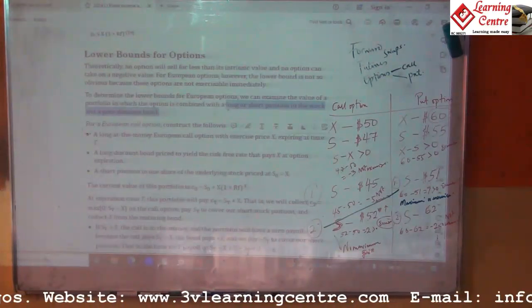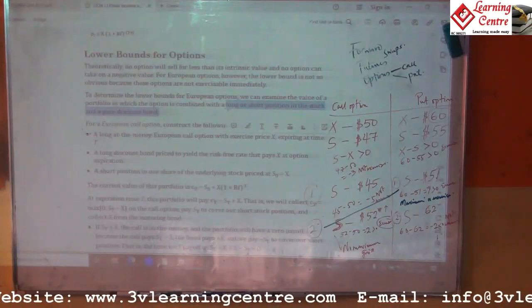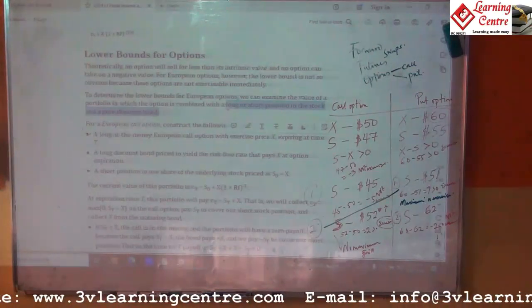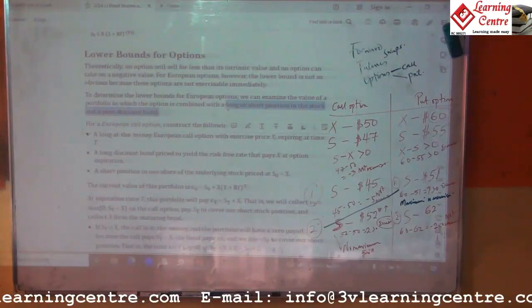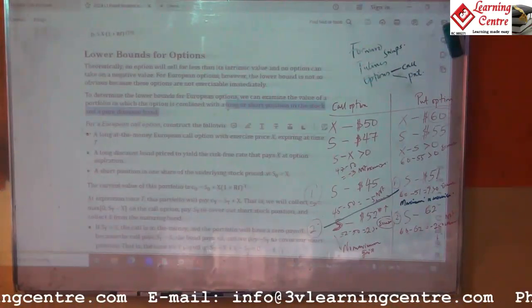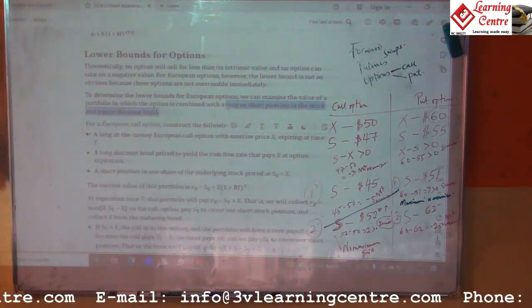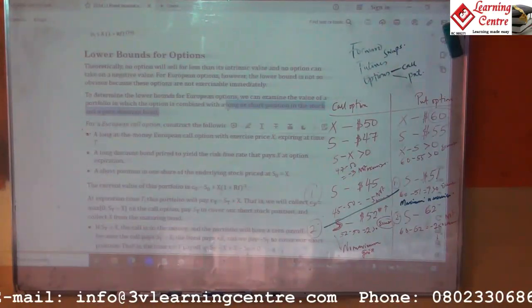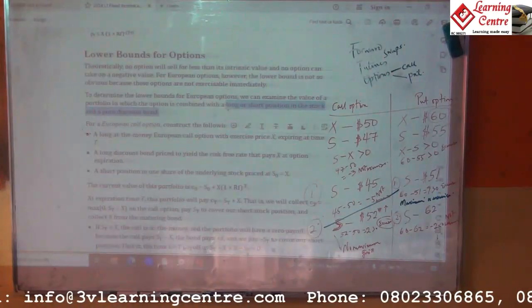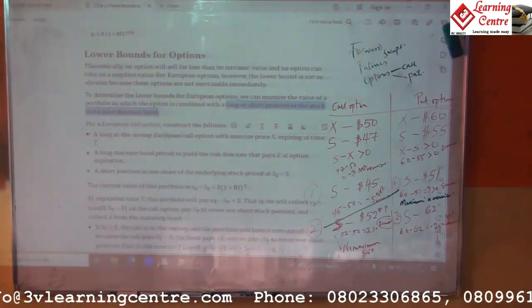So you want to have an option on the left hand side and you want to have the stock position and a discount bond. Remember we said for no arbitrage position to exist, everything must lead to the same price. I must have the same price at the end of the day when I take this side and I take the other side.